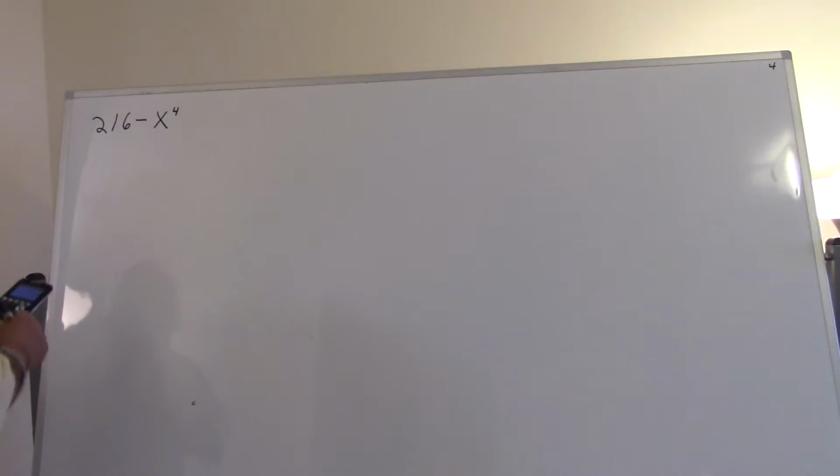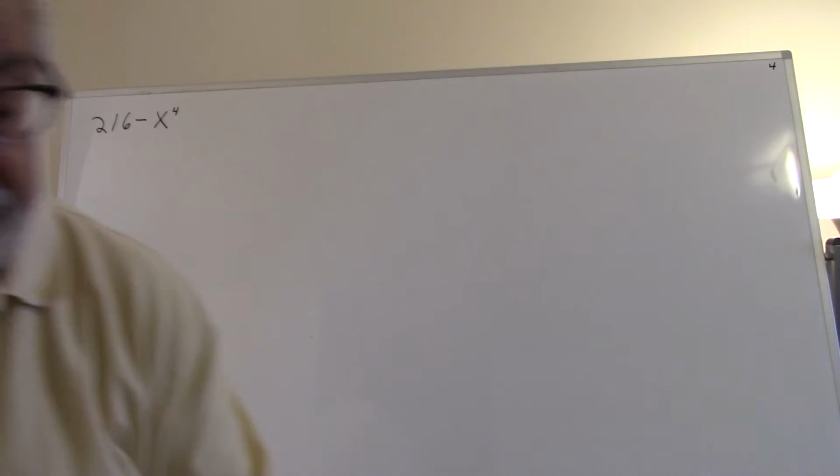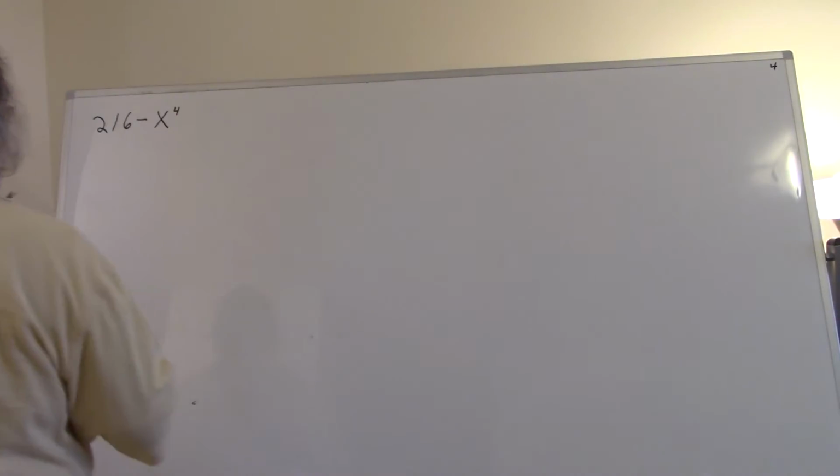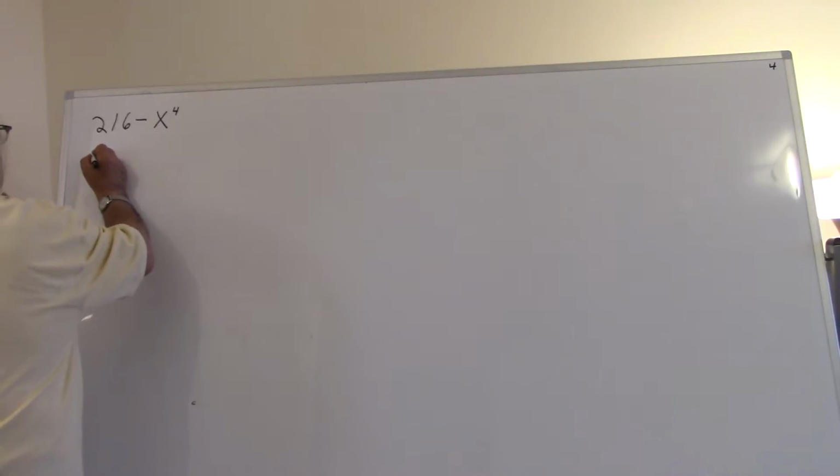All right, I got my calculator. All right, I think it's 6. 6 to the third power. So, get an x out of here.